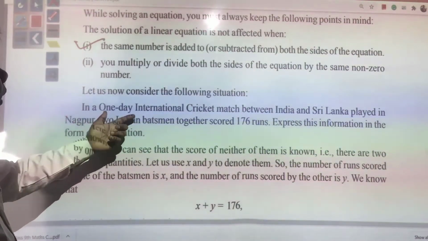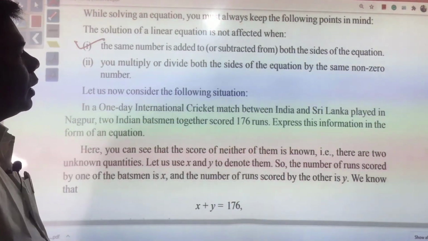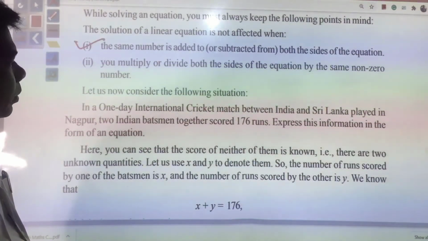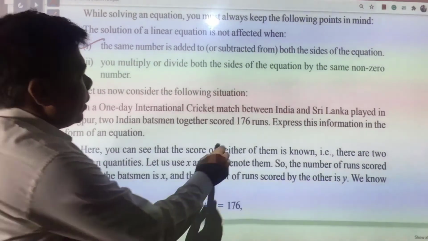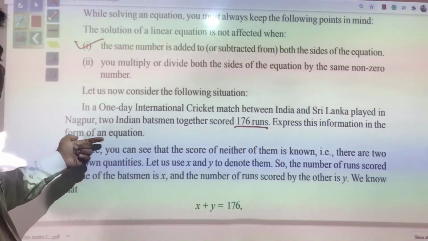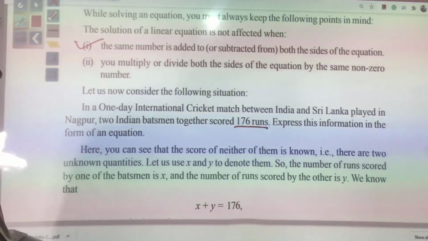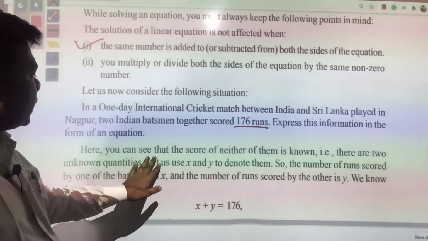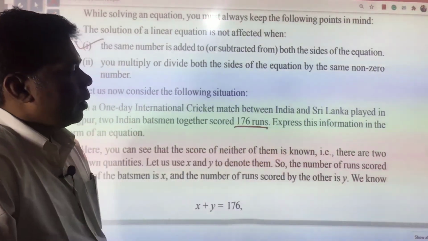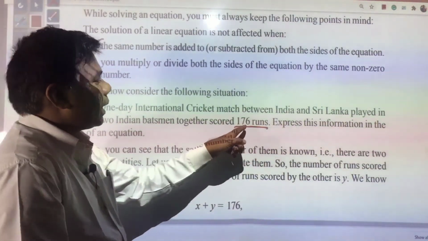Now, let us consider the following situation. In a one-day international cricket match between India and Sri Lanka played in Nagpur, two Indian batsmen together scored 176 runs. Express this information in the form of an equation, how this equation will be formed. Here you can see that the score of neither of them is known. It means you do not know, only the sum has been given.